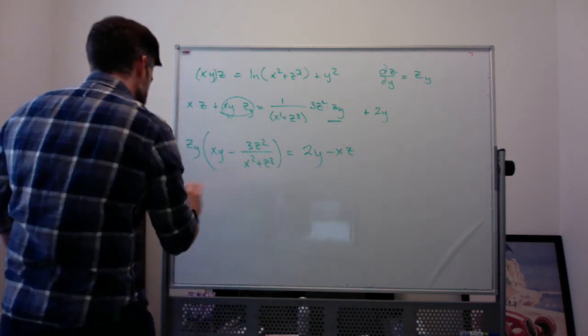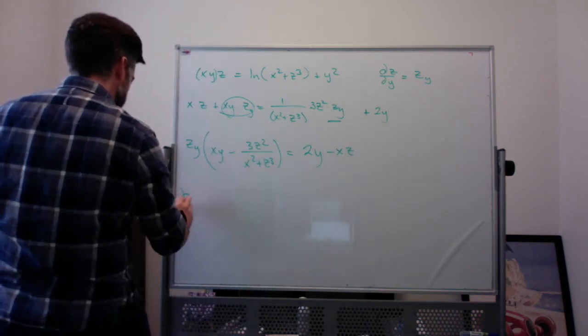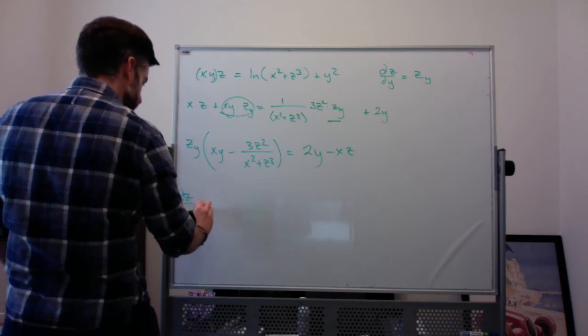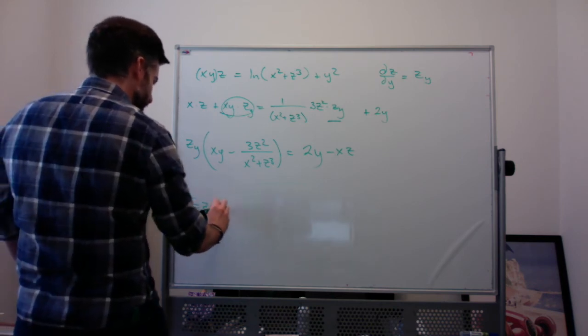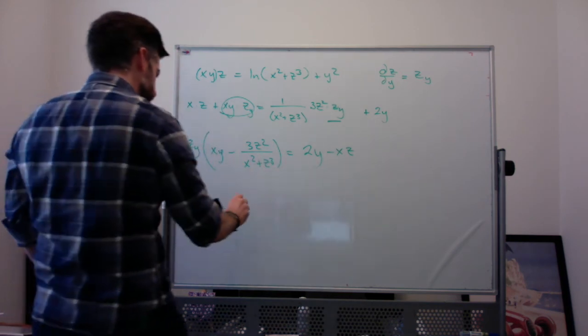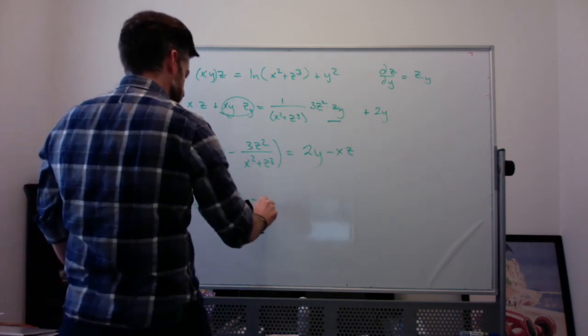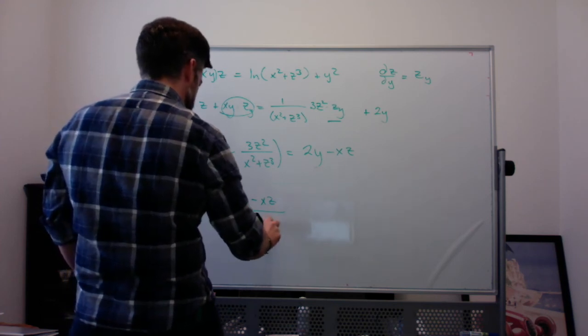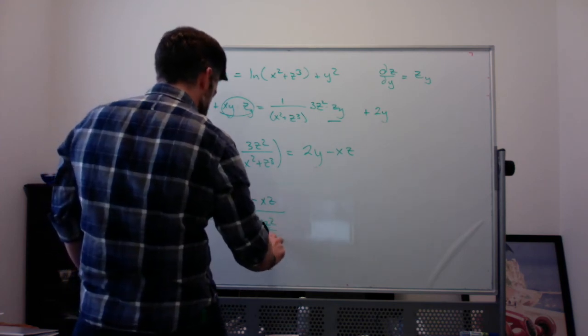Divide both sides by this. So our del z del y, or zy if you prefer, is that divided by that. So 2y minus xz divided by xy minus 3z squared over x squared plus z cubed.